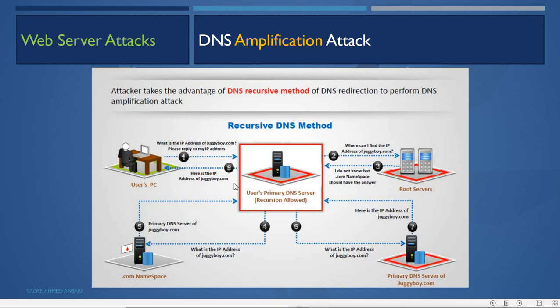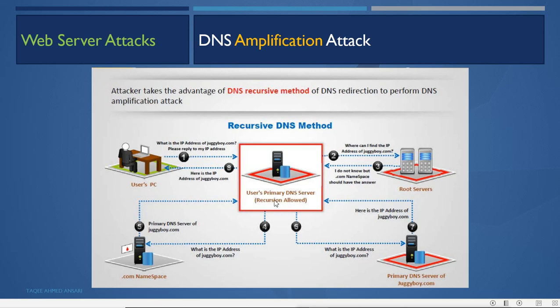A recursive query works like this: first the client or user asks what the IP address of juggyboy.com is and to please reply to my IP address. Your request goes to the normal DNS server, your user's primary DNS server.